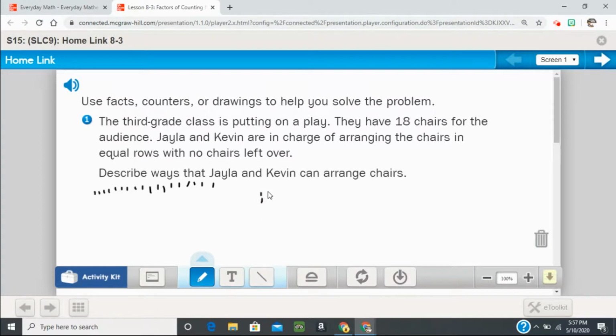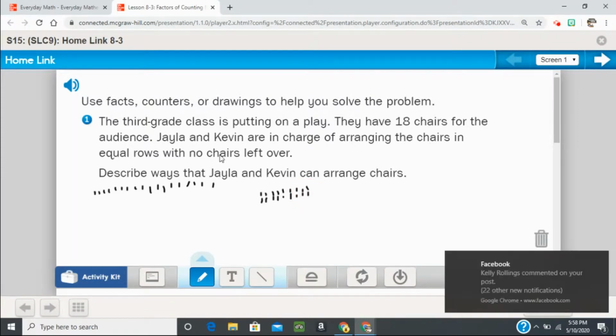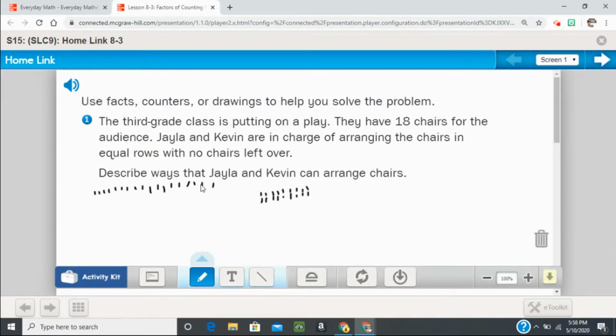And if I have 2 rows, I could count until I get 18. 2, 3, 4, 5. There's 10. 16. 18. So that looks like there's 9 in each one. There's 2 rows of 9, which makes it 18 total chairs there.